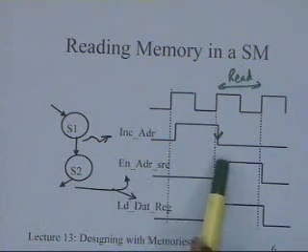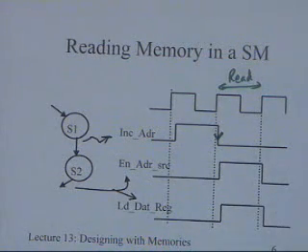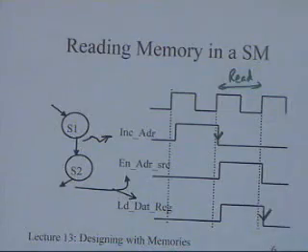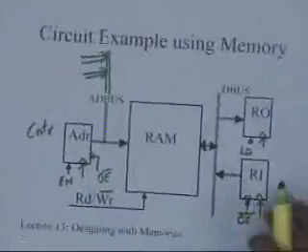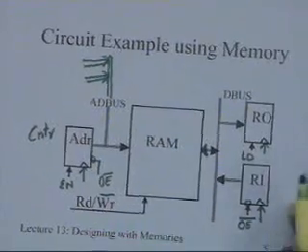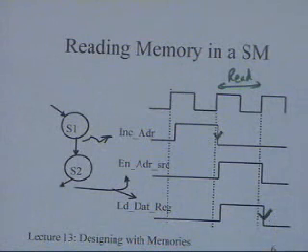If I have multiple sources, I have to enable this address source during this period. And if I am loading the data register, here RO is my output register, which is a data register, I should again do it during this time.